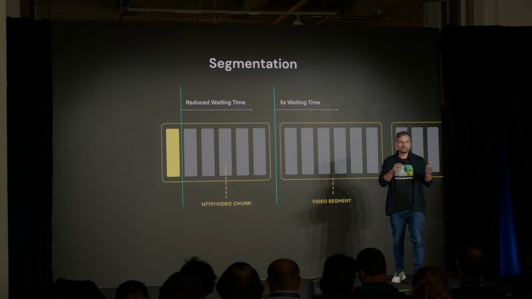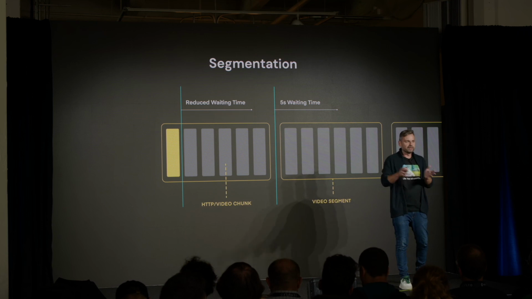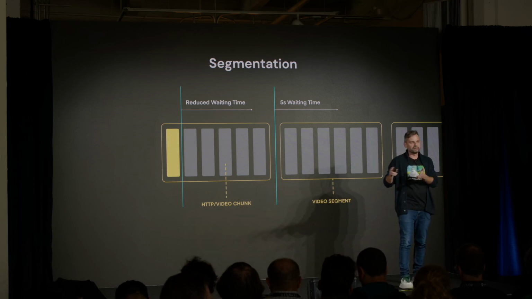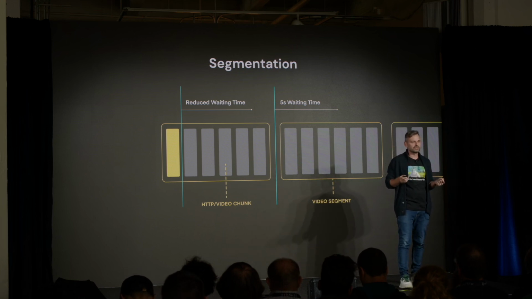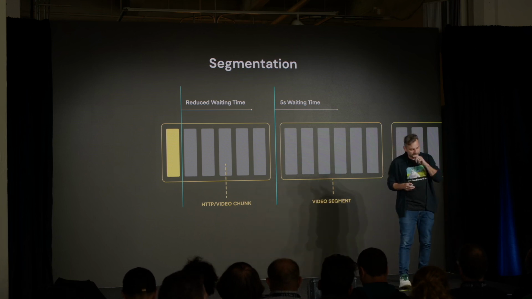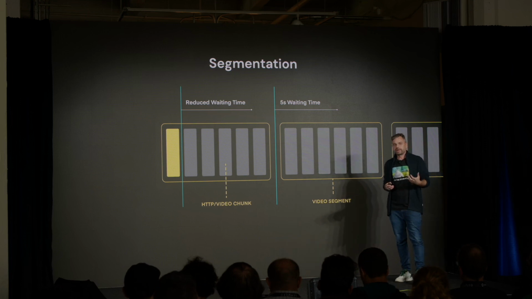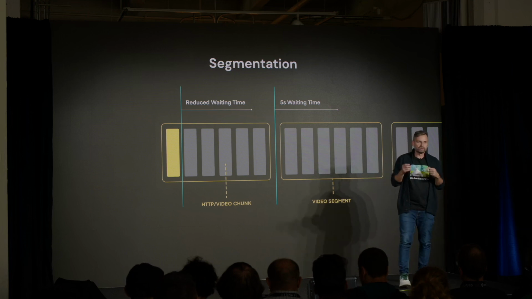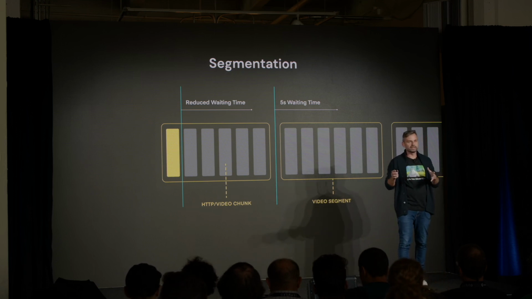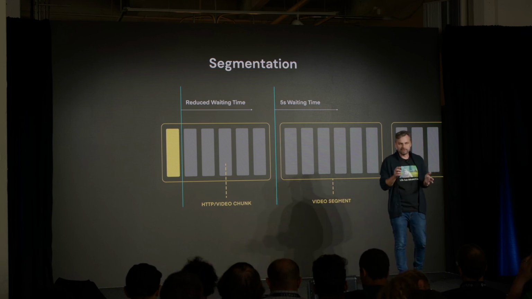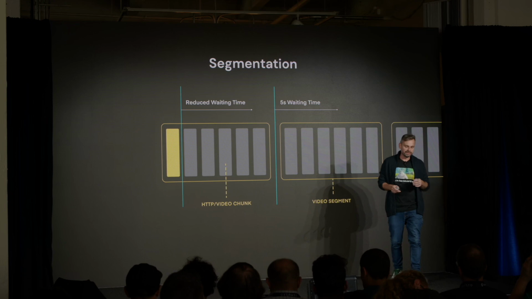Instead of waiting until the full segment is created, we can deliver those small chunks as they are created, and they can be as small as several milliseconds in duration. So from an HTTP perspective, when we receive a request for an incomplete segment, we do not reply with 404, or wait until the segment is fully completed. We just serve it partially as it's being created.